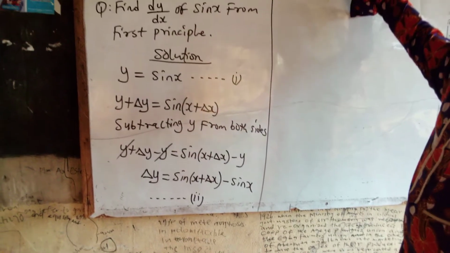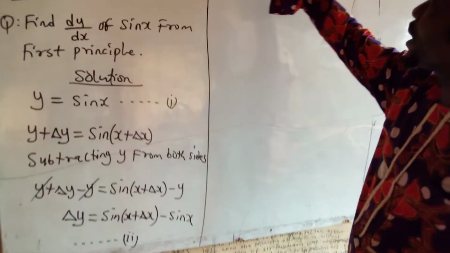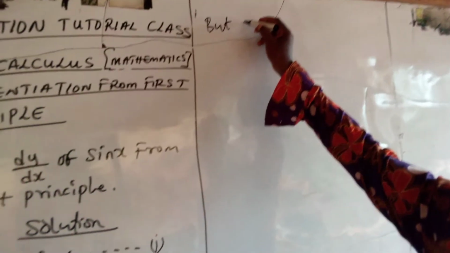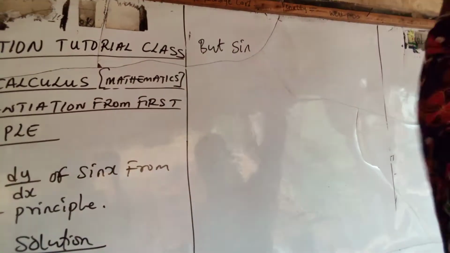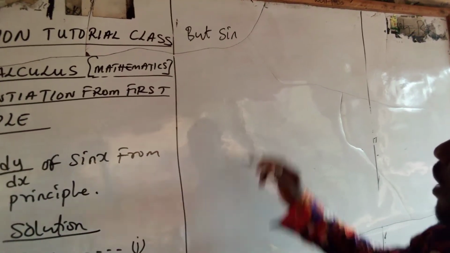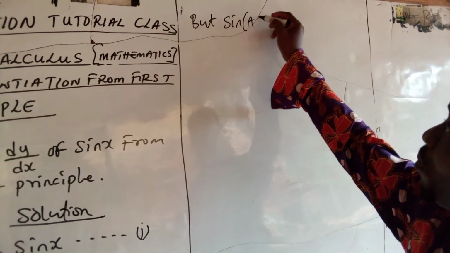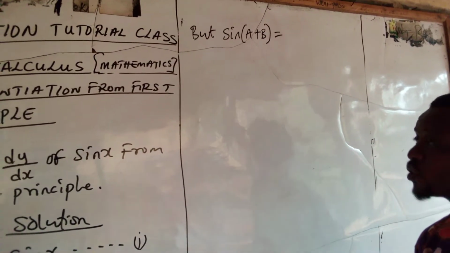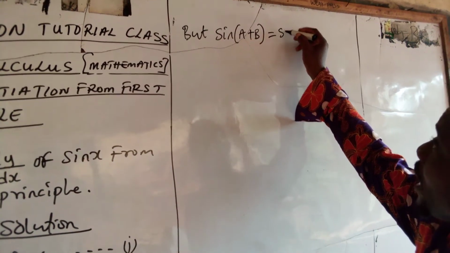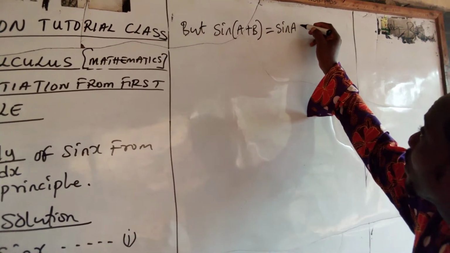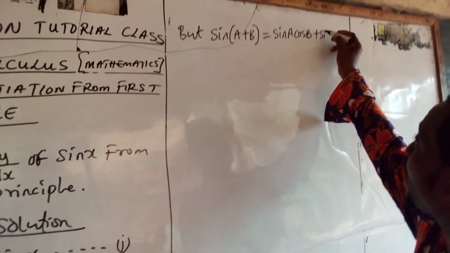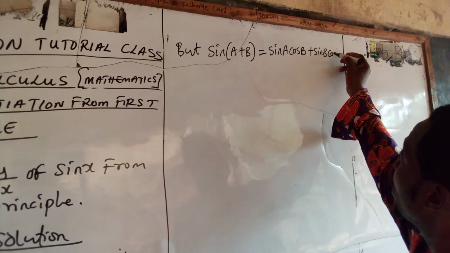Because anytime you have brackets with sine, you go to trigonometry. From trigonometry, we have that sine of a plus b gives you sine a cos b plus sine b cos a.